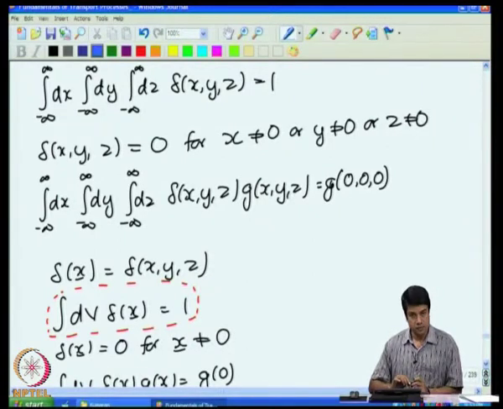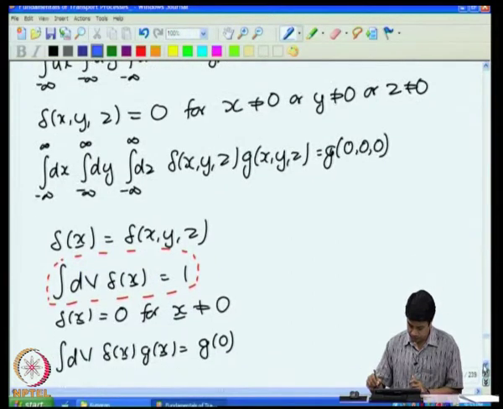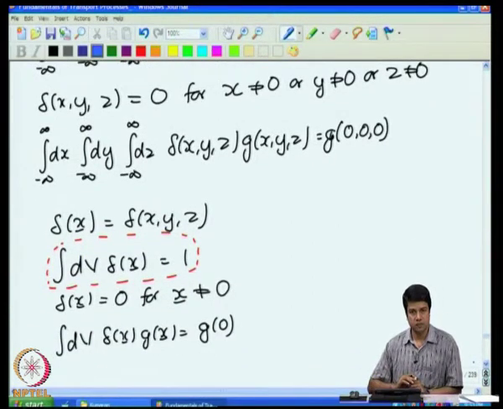The integral over all space of the delta function is equal to 1, and the integral over all space of delta of x y z times any function g of x y z basically picks out the value of the function at the origin, okay, as shown at the bottom there.